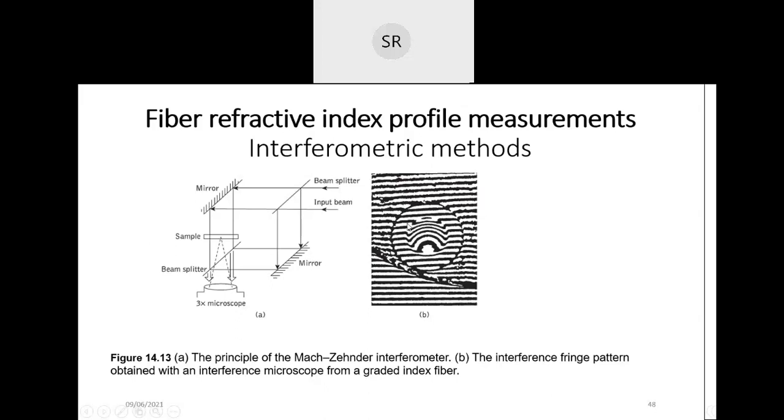There is a small variation, or fringe displacement, for those particular points within the fiber core, wherever we have the fringes or variation in the refractive index in the fiber core, and that can be seen here.